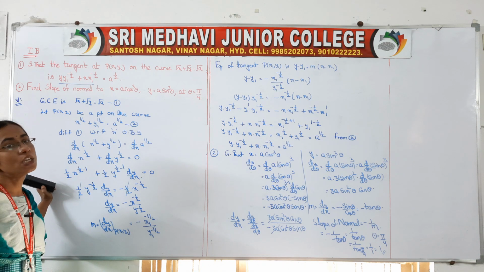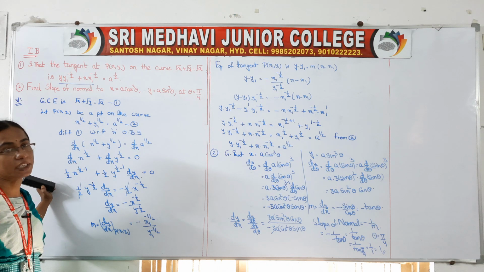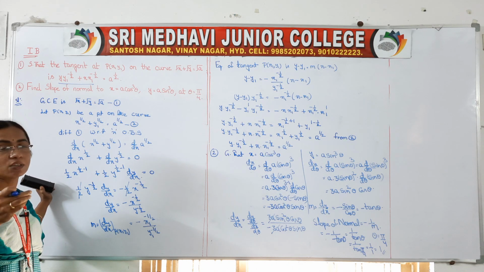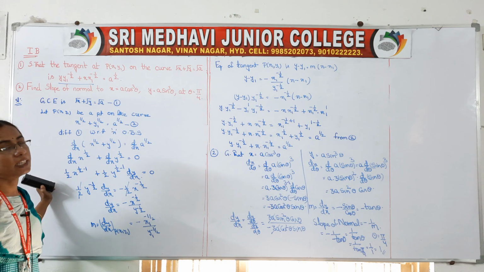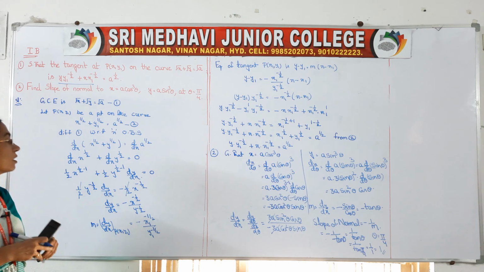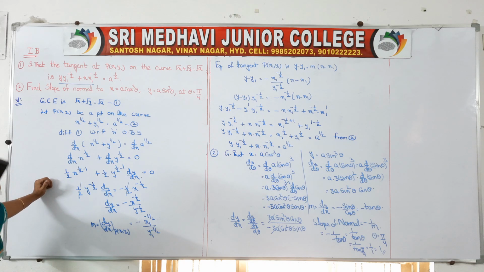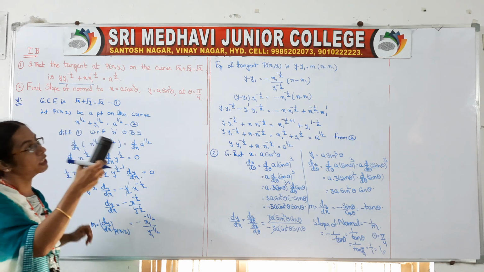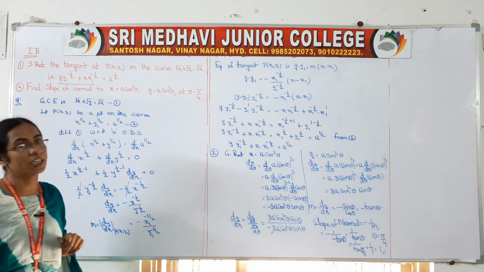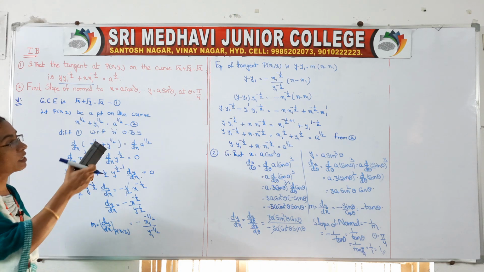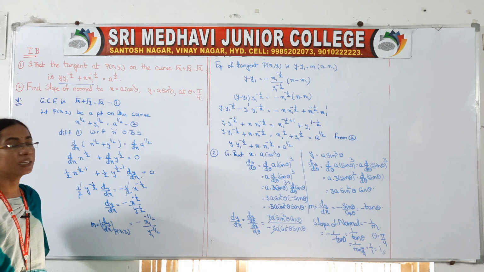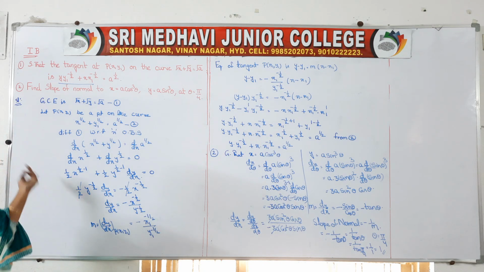M is nothing but the slope of the curve we want. So differentiate the curve with respect to x, then you will get dy by dx. That is your m, and substitute in the formula y minus y1 is equal to m into x minus x1. Then you take your m value and find out the required curve equation.